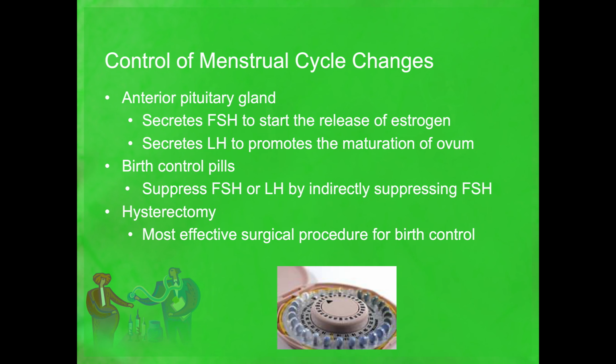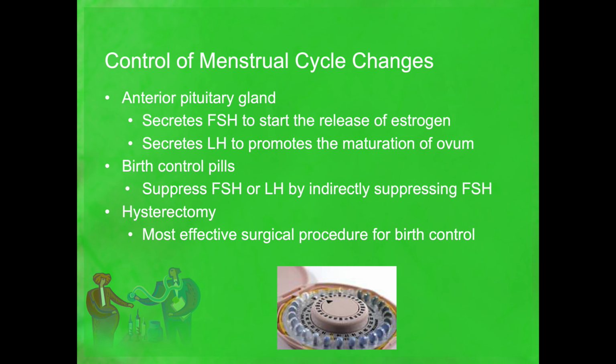So it's going to secrete certain hormones and tell the body what to do. For example, the anterior pituitary is going to secrete a hormone called FSH, or follicle stimulating hormone.